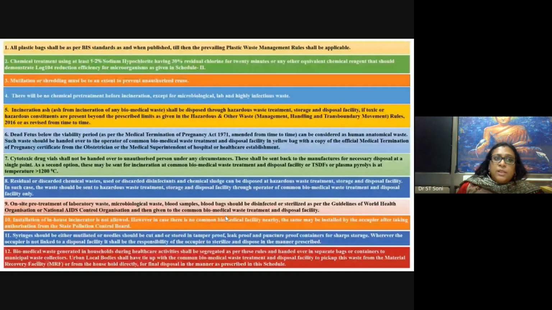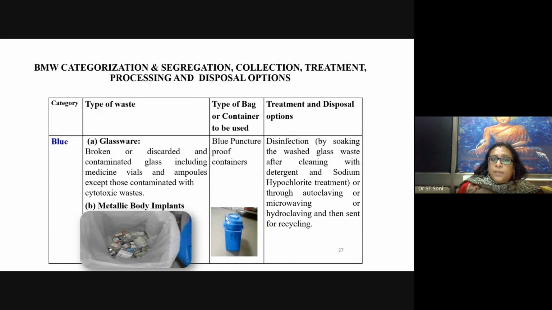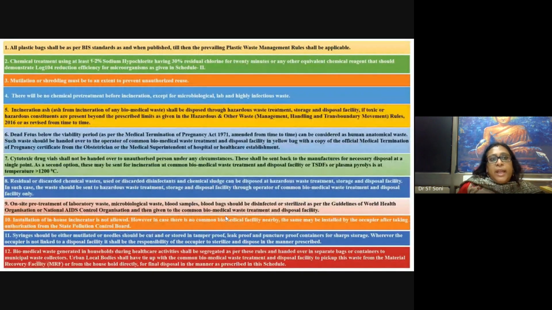So these are all the categories of biomedical waste. Segregation at the site of generation is the main mantra, which we are not supposed to forget. All plastic bags shall be as per the BIS standards.